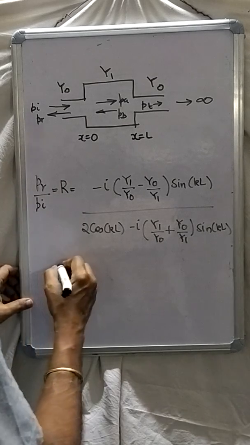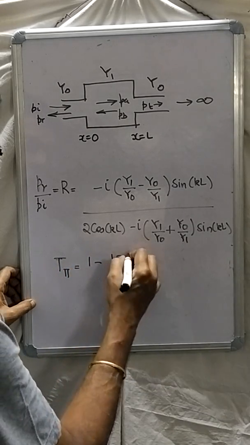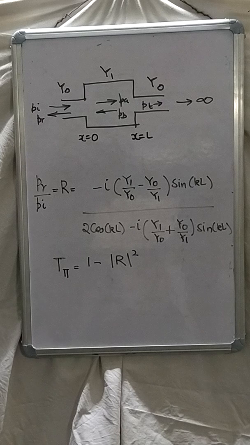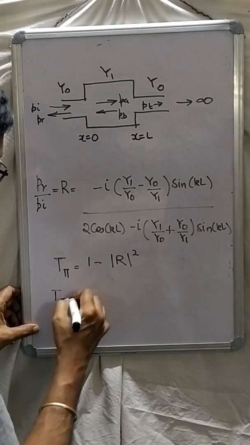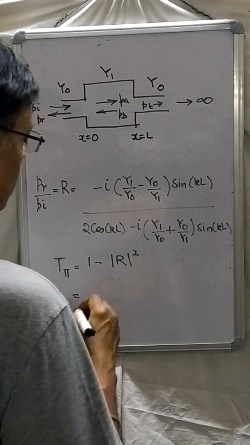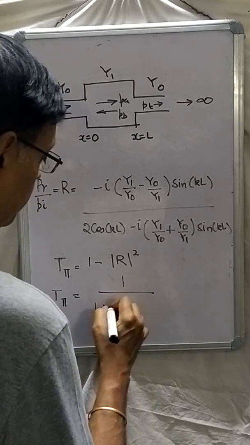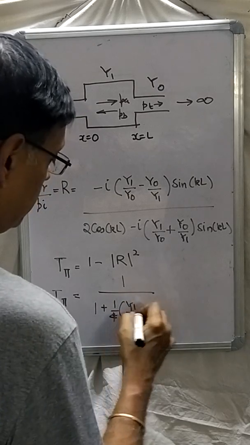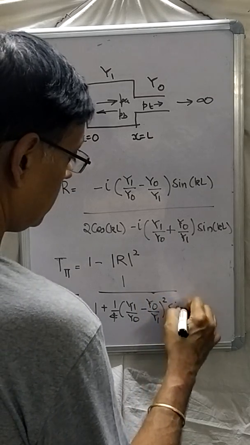Now in order to find the power coefficient T pi, this is going to be 1 minus the magnitude of R square, which is basically the reflection coefficient square. Now if you carry out the algebra, and I am again not going to go through the details, we can find an expression for T pi, and the final expression turns out to be a rather neat looking expression, which is 1 plus 1 by 4 times Y1 by Y0 minus Y0 by Y1, the whole square, sine square KL.